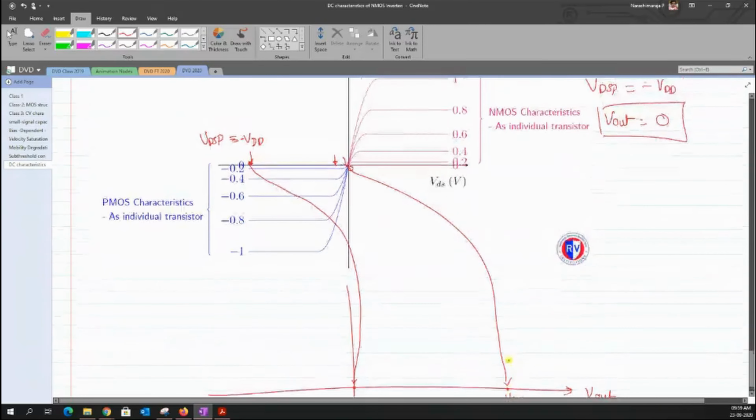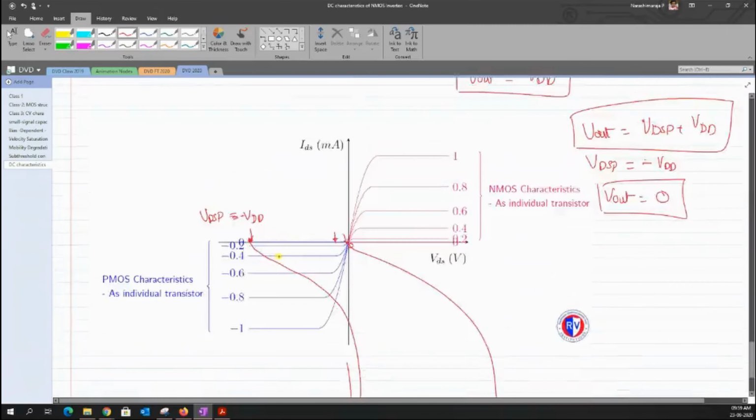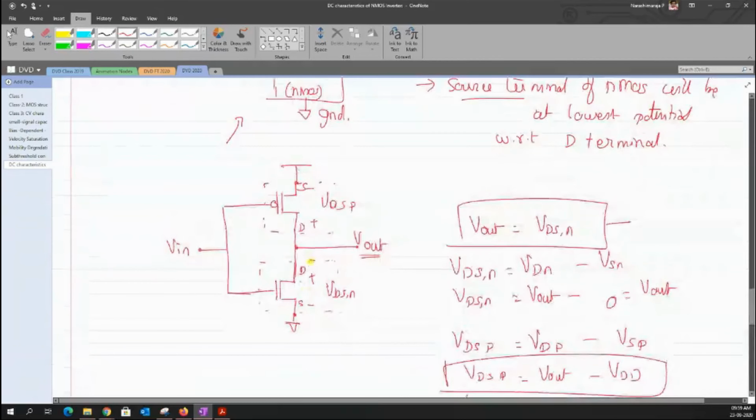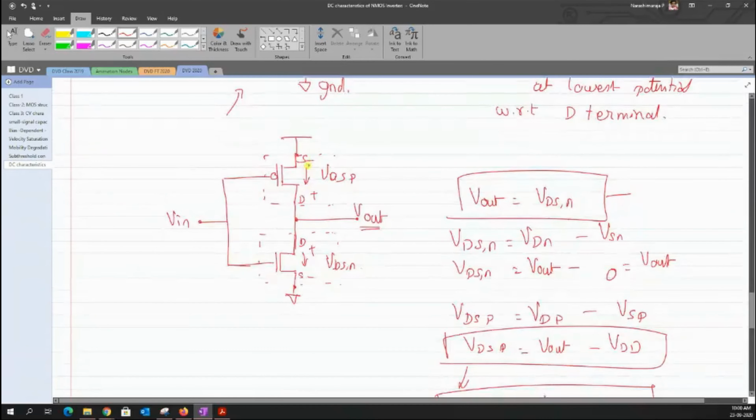Okay, and also the current that flows is common to both the PMOS and NMOS transistor. So whatever the current that flows here, obviously the same current has to flow here. The only thing that we have to do is reverse the current direction.